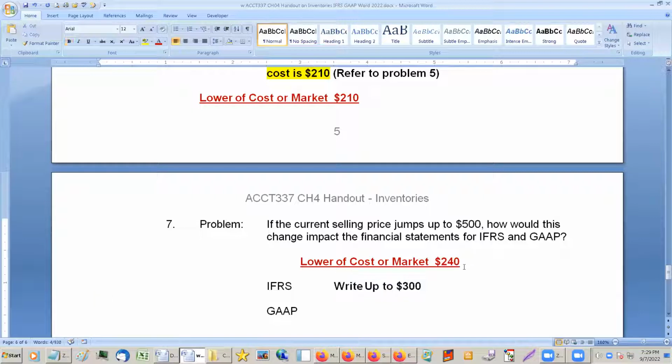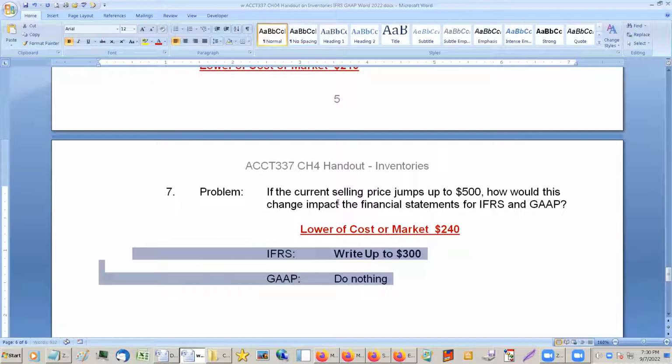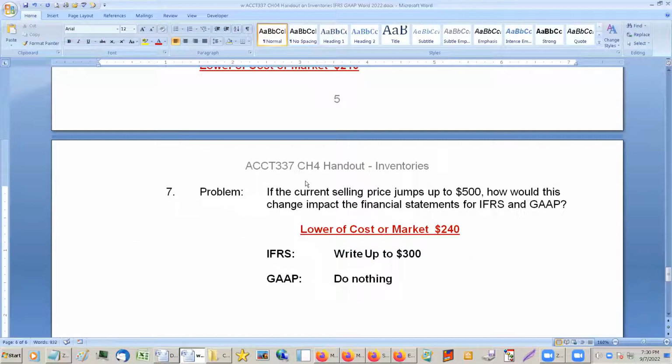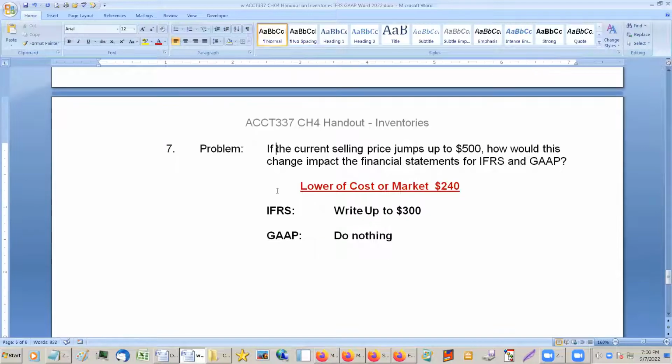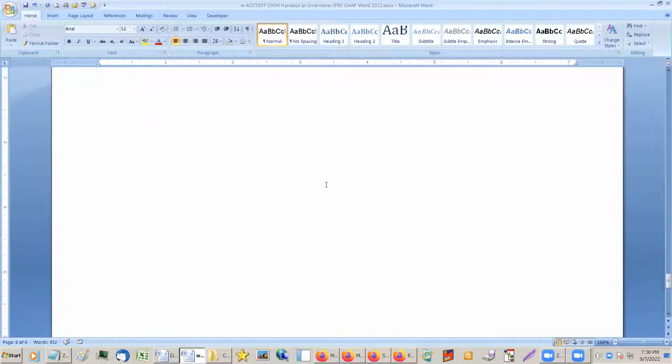Depending on how they do the market, it may even go up further than that, but let's just say they're looking to reclaim it. GAAP. Do nothing. Which is my favorite thing. Okay. Any questions on that? That's it from the table.